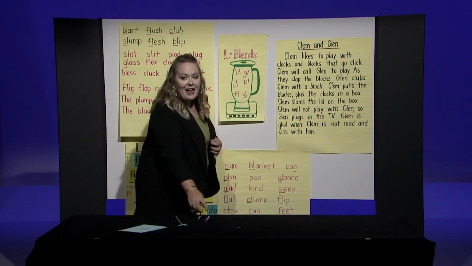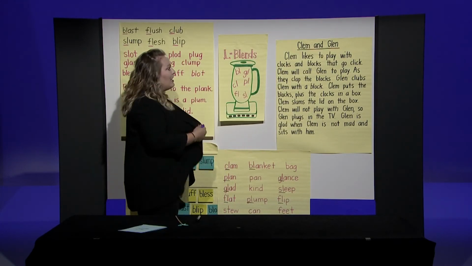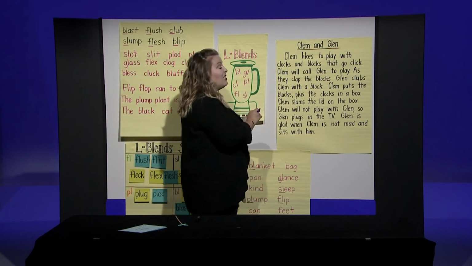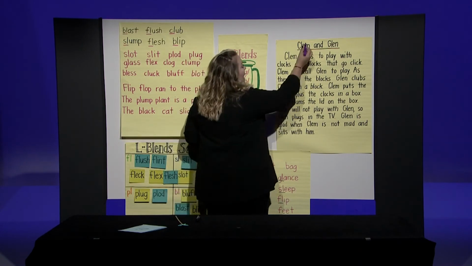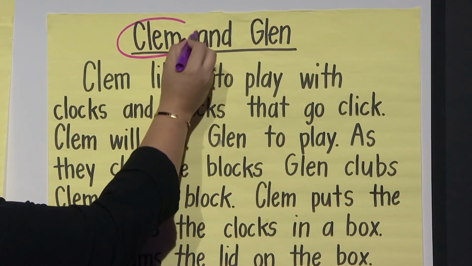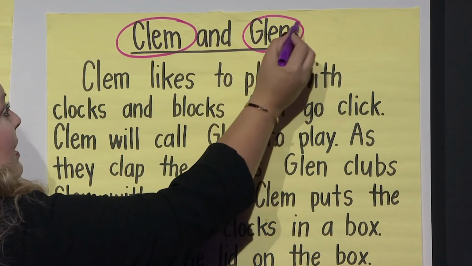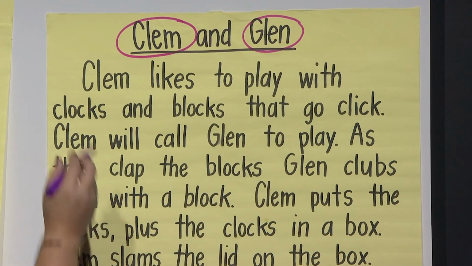Great job. Now let's look in our story real fast and find our words that have those L blends. And we're going to circle those words and read them. I see two in our title. The first one is Clem. What is that word? Glen.